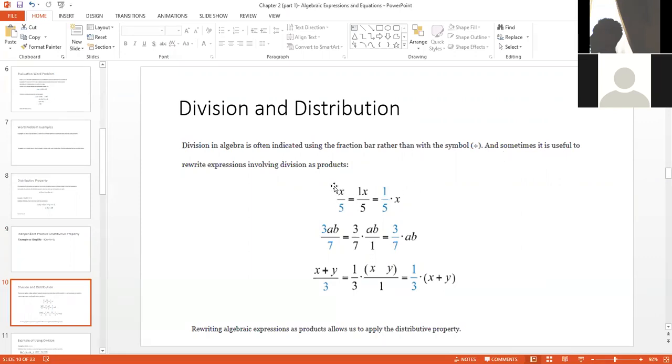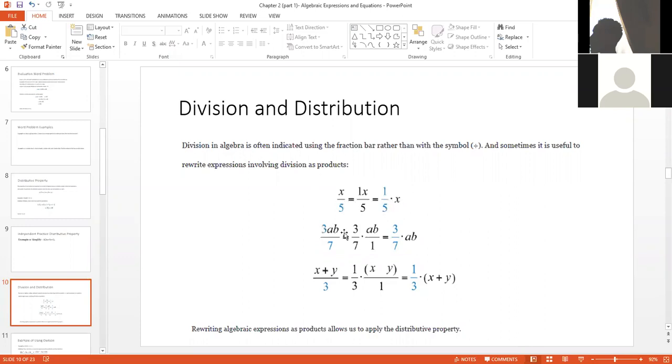So here we have x over 5 equals 1x over 5, and this is equal to 1 over 5 times x. So you can break apart the x over 5 and make it into 1 over 5 times x.